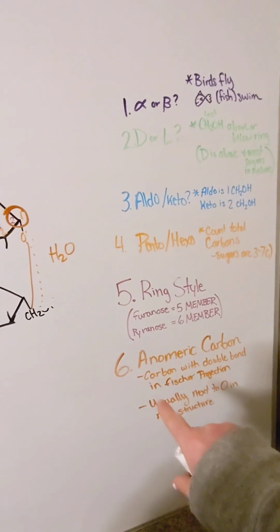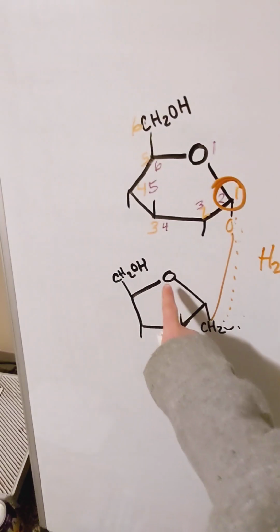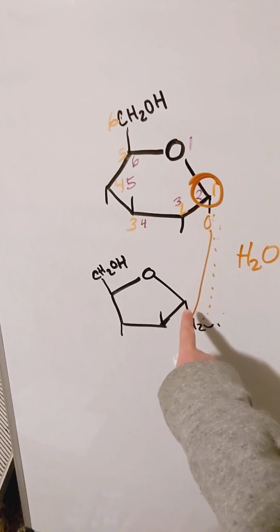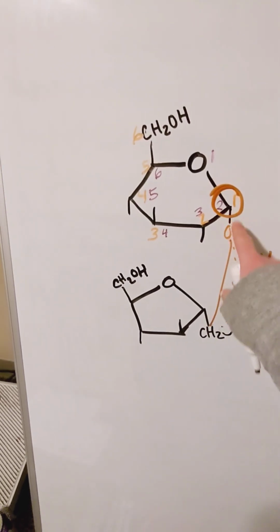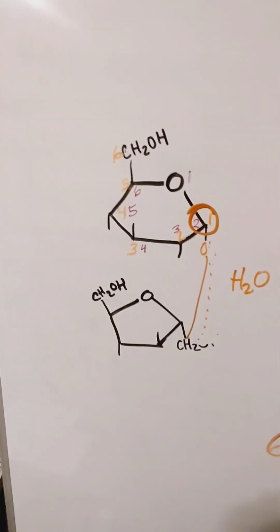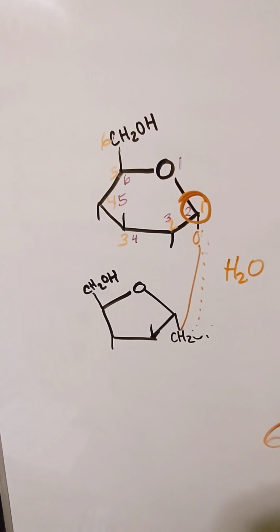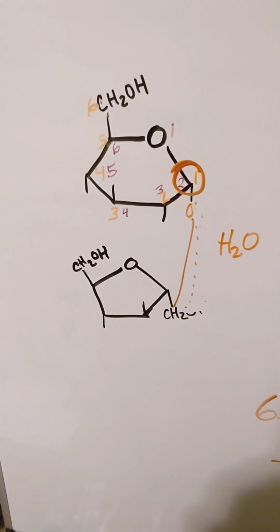Looking at this sugar, you can go ahead and try to name it on your own, going through our 6 steps here. At the end of our 6 steps, we'll find that our anomeric carbon is the one right next to our oxygen. Normally that one can flip on its own, but now it's stuck in a bond. And this one is stuck in a bond. So they can't flip anymore, which means they can't be sugar residues anymore, because in order to do that, they have to be able to flip back and forth.